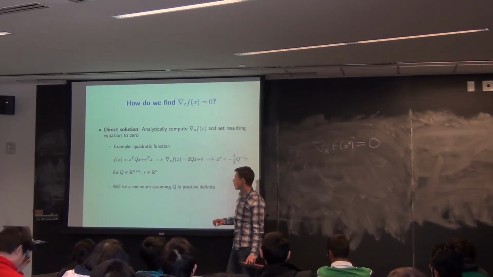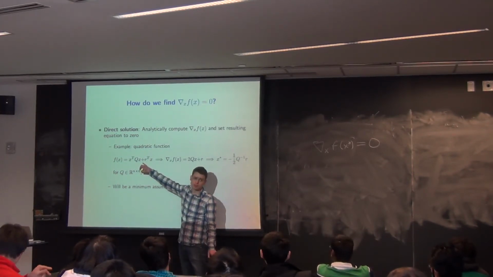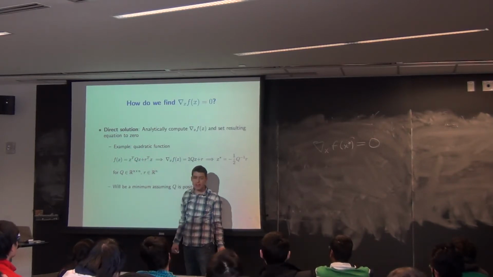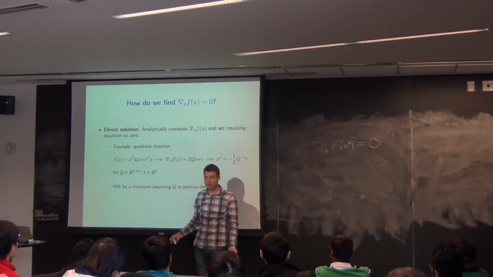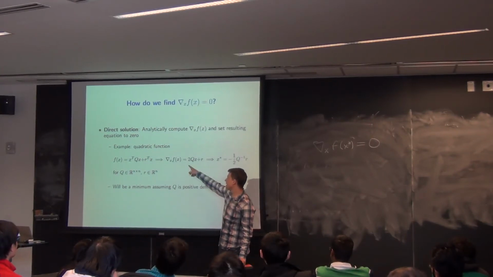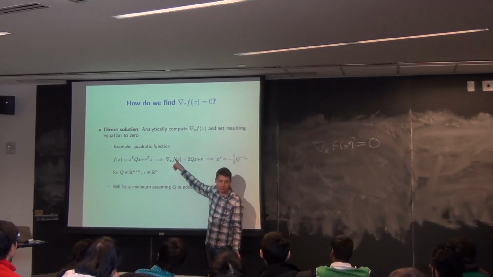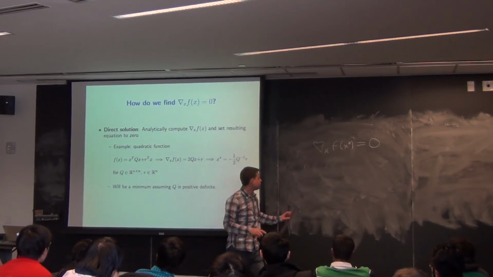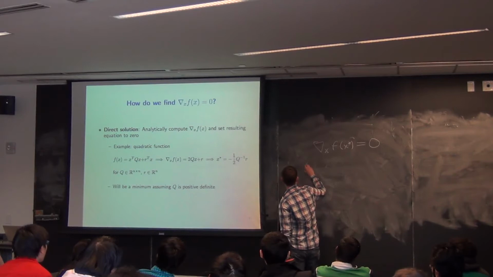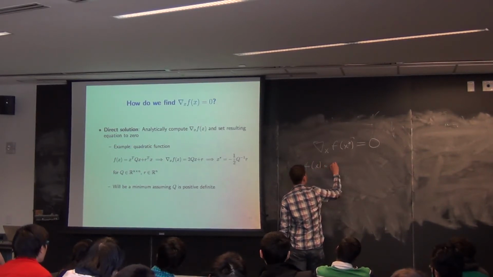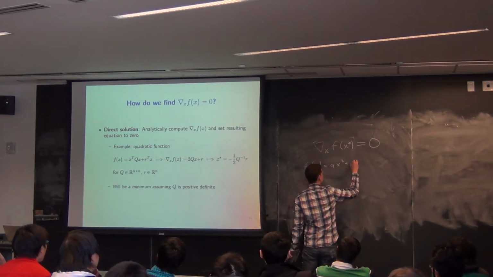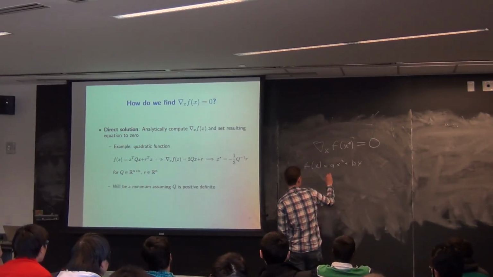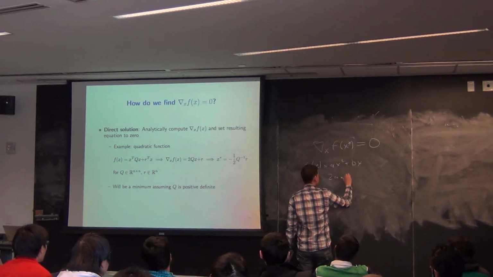For example, for a quadratic function, f of x equal to x transpose Qx plus r transpose x, the gradient at any point x is given by 2Qx plus r. The analog here is if f of x were scalar and equal to ax squared plus bx, the first derivative would be 2ax plus b.